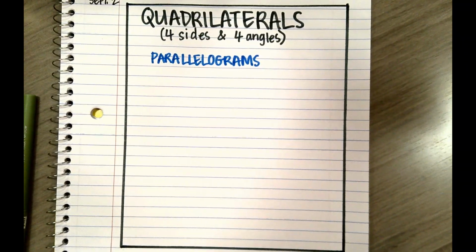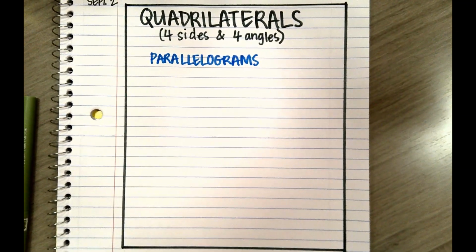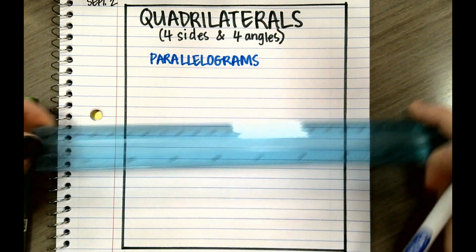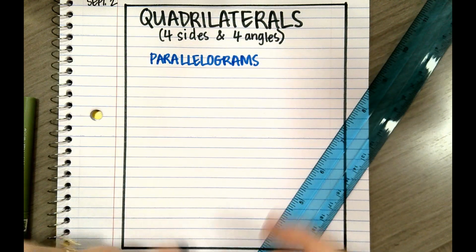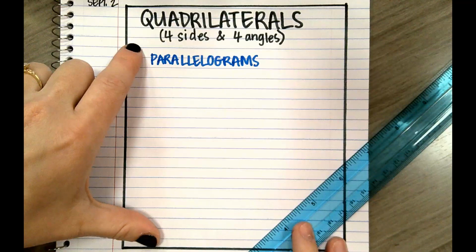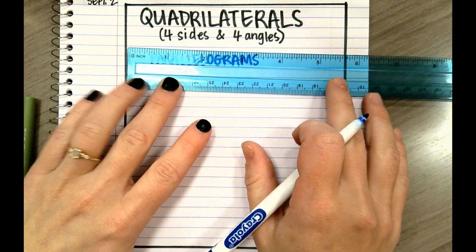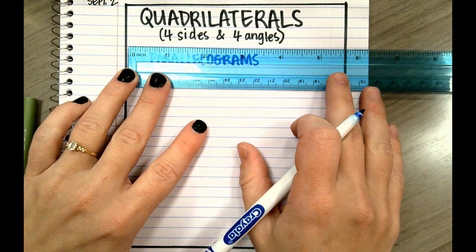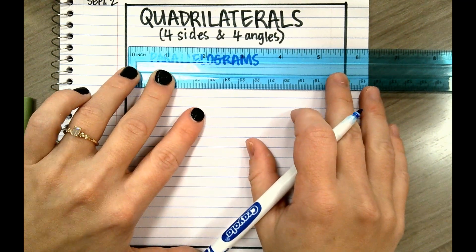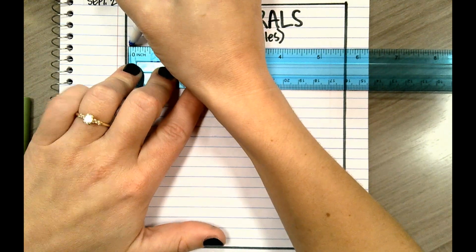And what I'm going to do for this section of this little chart is I'm going to draw a sort of parallelogram shape inside of this big quadrilateral. So I'm going to start with a line that goes about 4.5 inches.